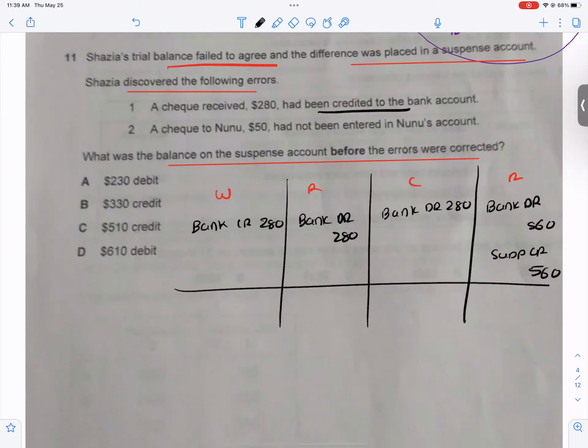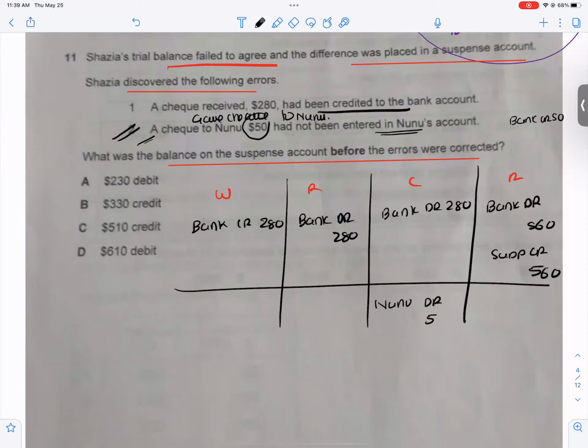Next one. Just one minute. Check to Nunu had not been entered in Nunu's account. That means bank was already credited, because check to Nunu means we gave a check to Nunu. That means bank is credited and Nunu has to be debited.